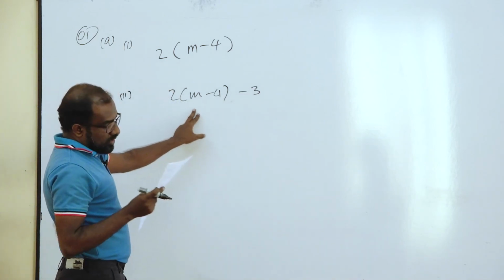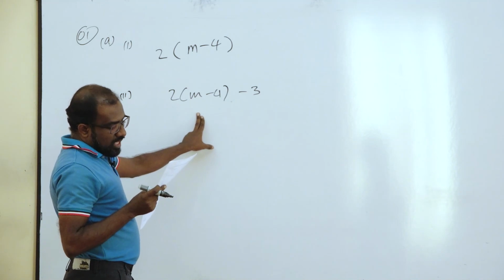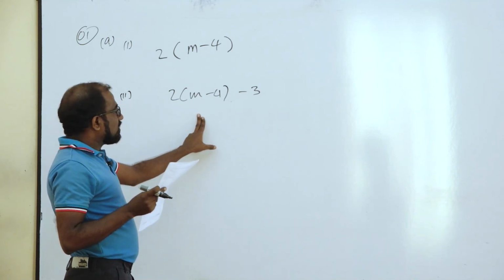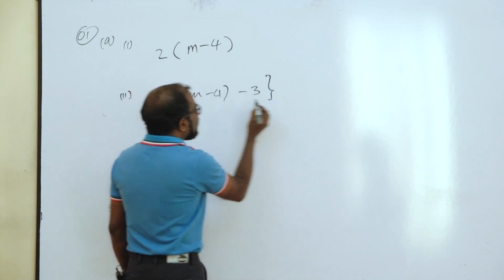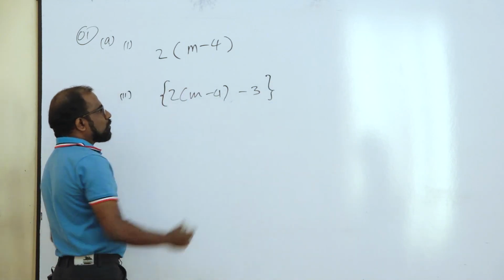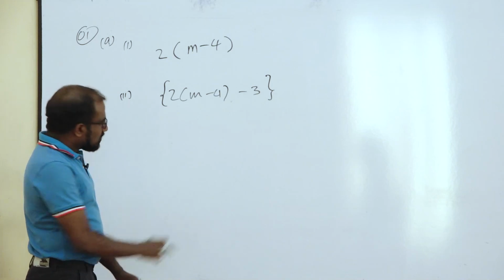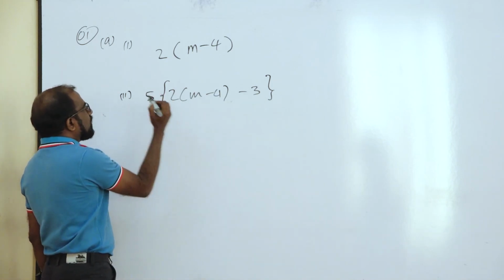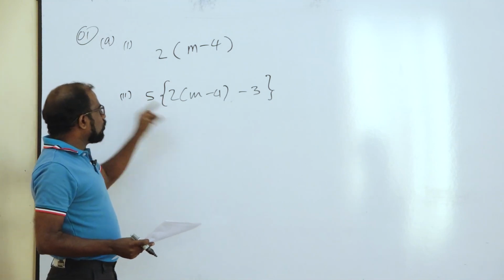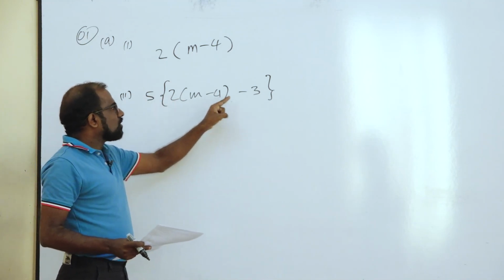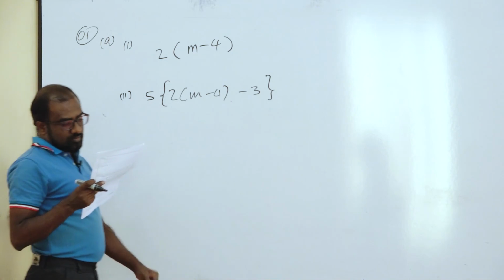Subtract 3 from this whole expression and multiply the result. This whole result should be multiplied by 5. And for this whole result, you have to put a curly bracket. 5 times 2 times m minus 4 minus 3, that's the answer.